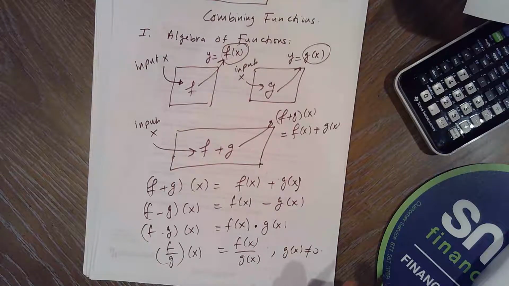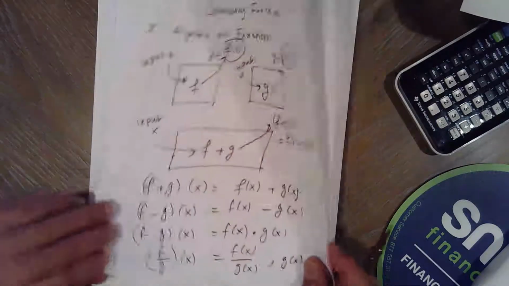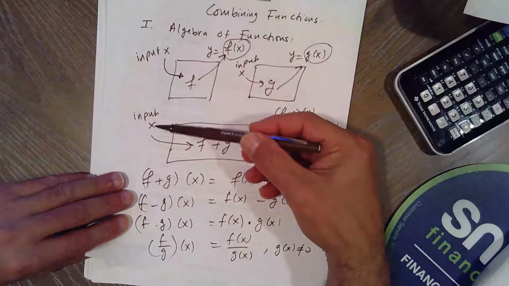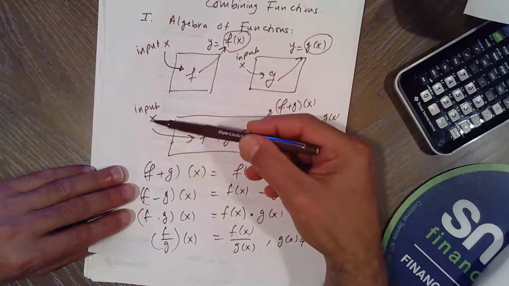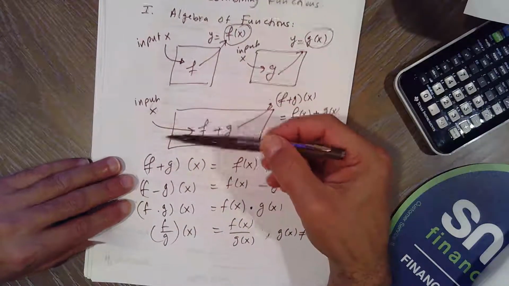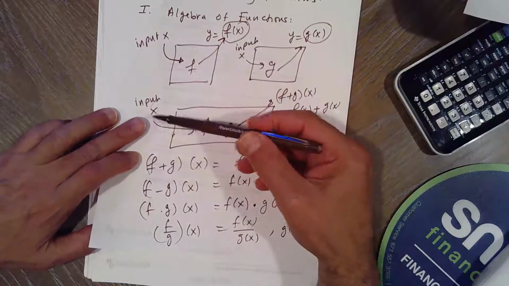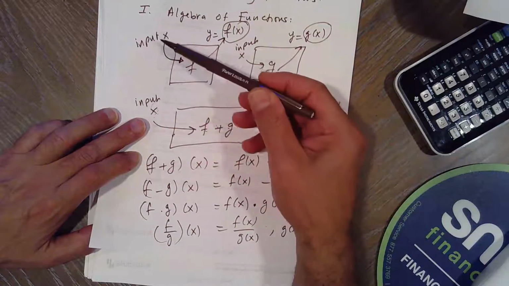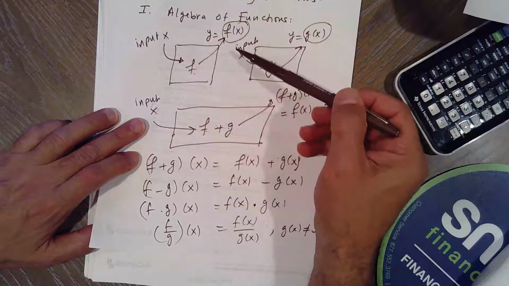Now, to find the domain, what's acceptable into this new machine? What can we throw in? Can we throw in negatives? Can we throw in 0? Well, in order to be accepted by f plus g, it has to be accepted by f, and it has to be accepted by g.